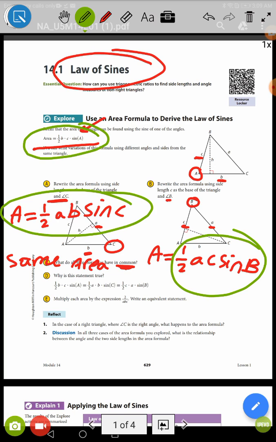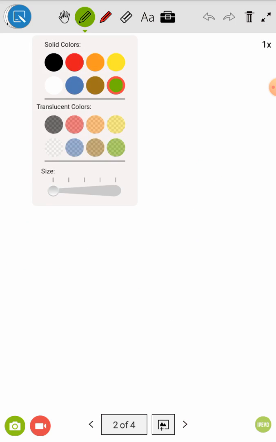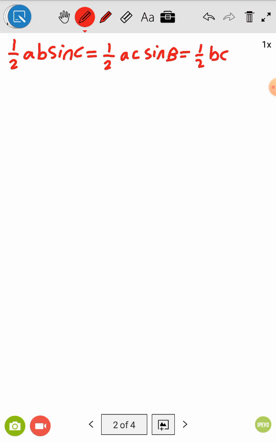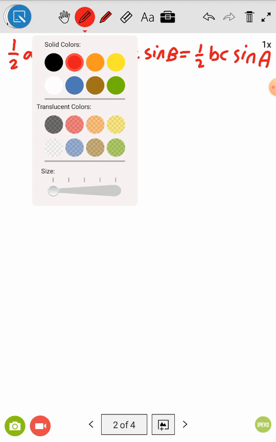From here we can say that half AB sine C equals half AC sine B equals half BC sine A. They are equal if we are talking about the same triangle.